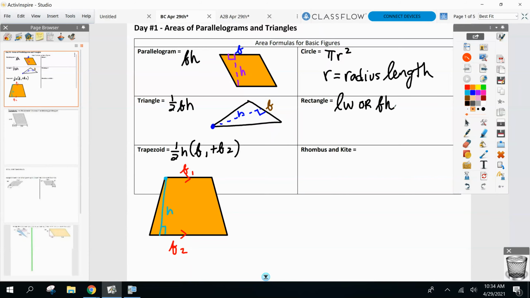And, rhombus and kite. There's a new one for everyone. Ready for this one? We'll do this tomorrow. 1/2 D1 D2. Okay, everyone think about a rhombus and a kite real quick. What parts in both of them start with a D?